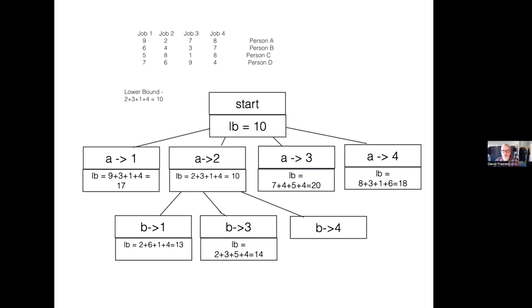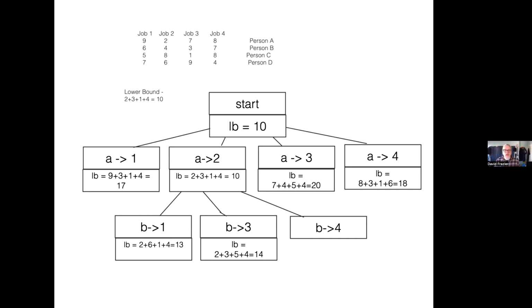Then if person B takes job 4, that's plus 7 there. And then that leaves person C their best job. So we've got 4 is gone, 2 is gone. That's a 1 there.